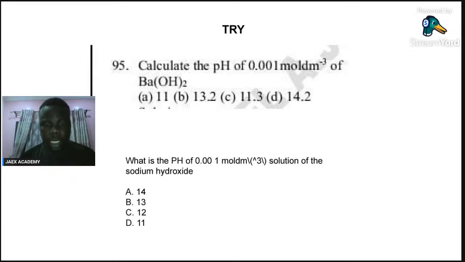Sodium hydroxide is a strong base. What is the pH of a?